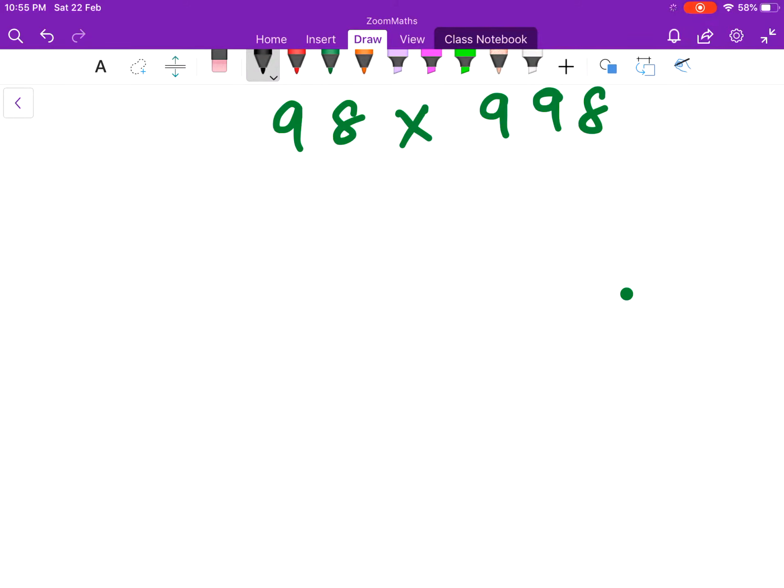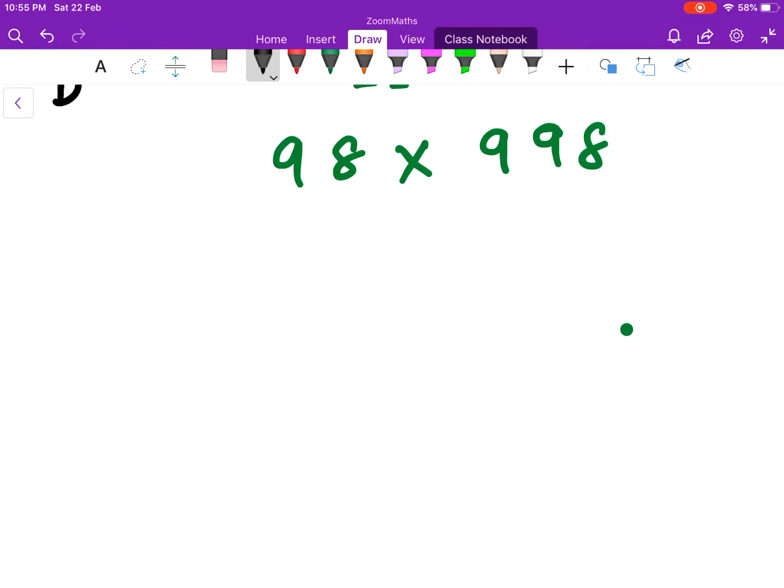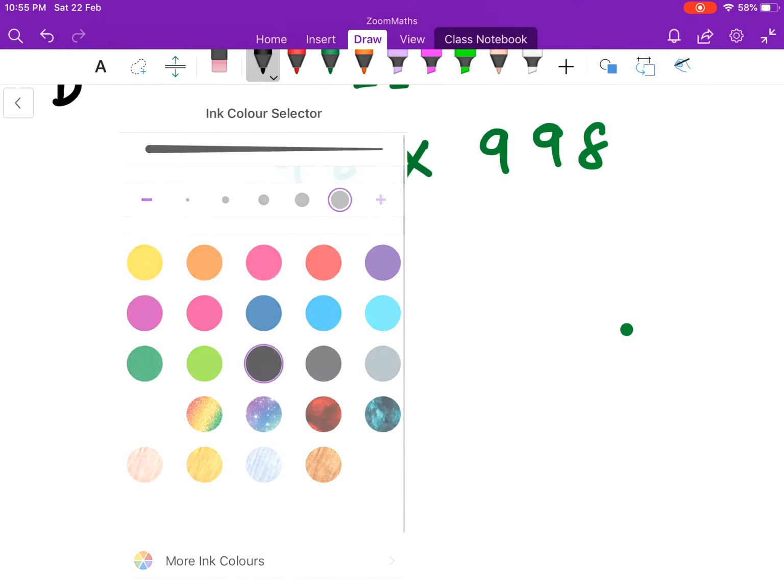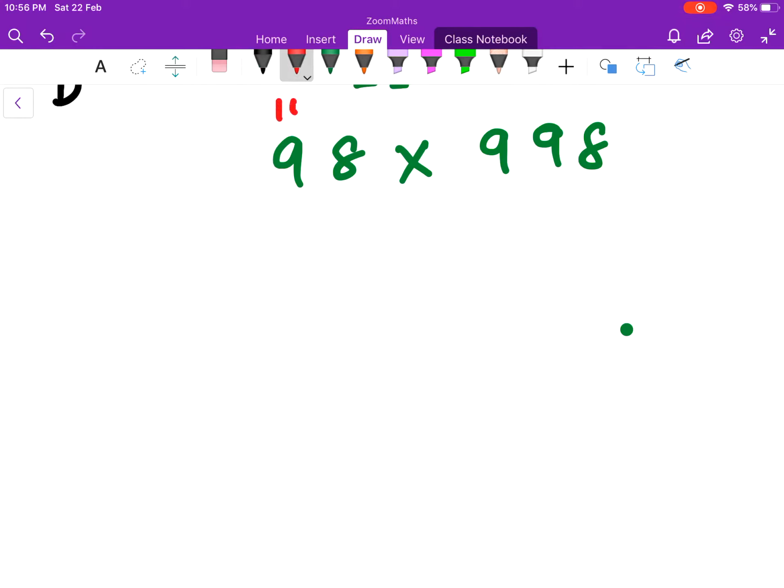Now we see that we have two bases over here. One number has a base of 100 and this has a base of 1000. Now, what is the deviation? What is the deviation of 98 from 100? It is minus 2. What is the deviation of 998 from 1000?